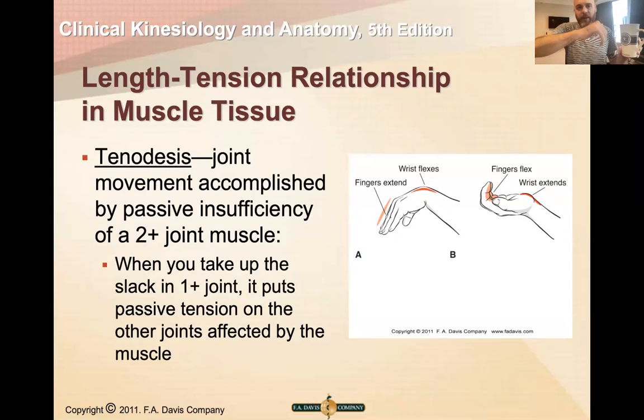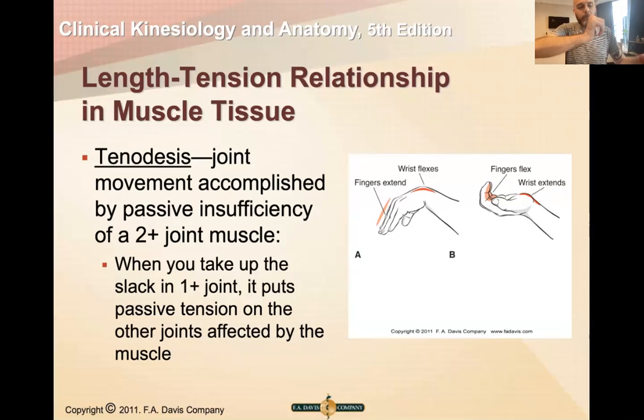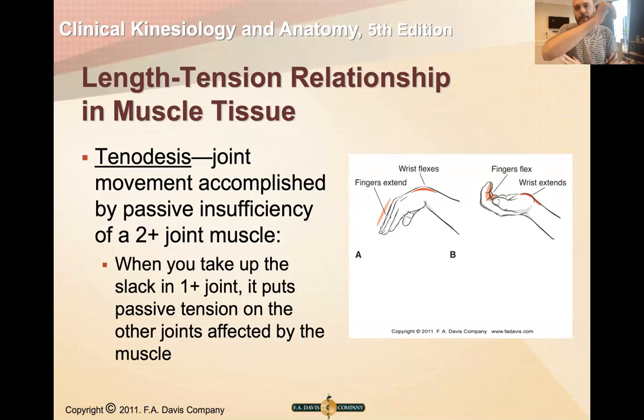I didn't flex my fingers actively. And if y'all hold up your hand and do this, you can feel that you're not flexing your fingers actively. When you actively extend your wrist, you're taking up the slack of the flexor tendons and making them go into passive insufficiency.